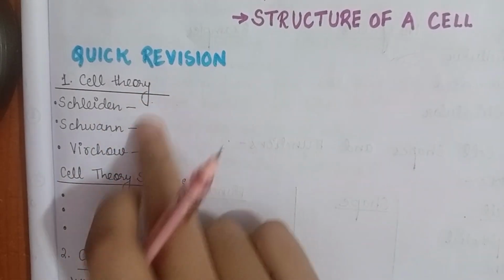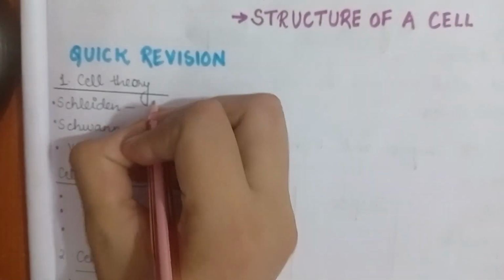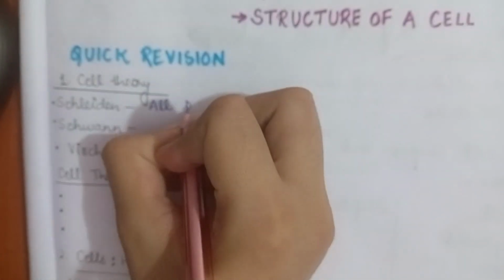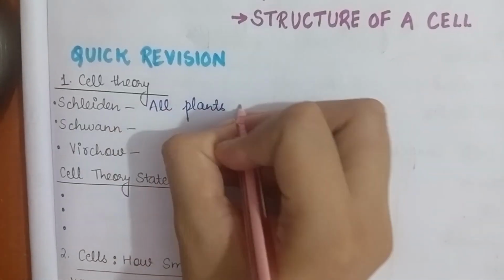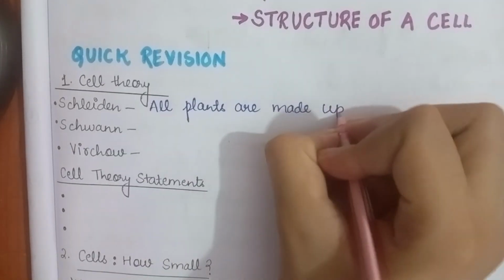So let's begin. Okay, so we know that cell theory was contributed by 3 scientists, Schleiden, Schwann and Virchow, and they gave different statements. So what did Schleiden say? He said that all plants are made up of cells.